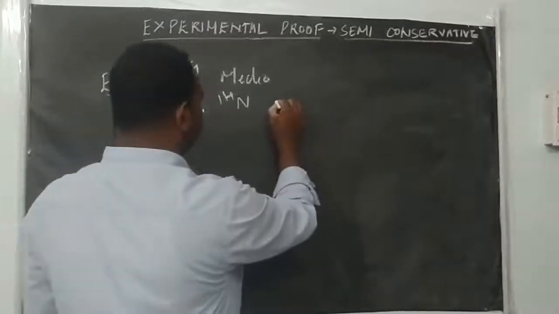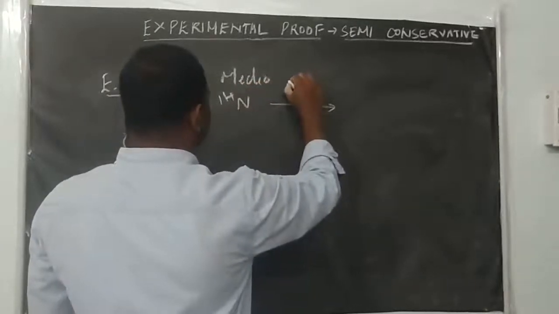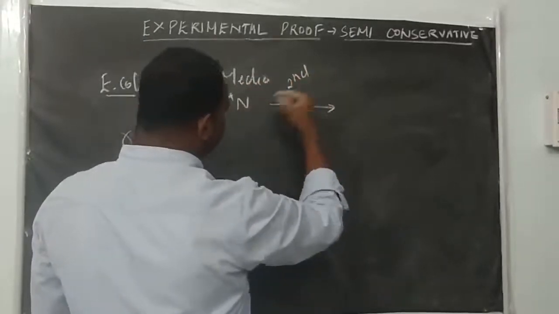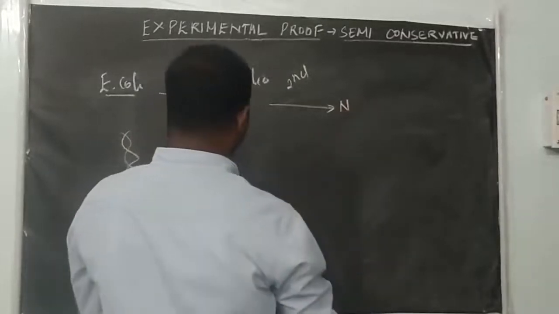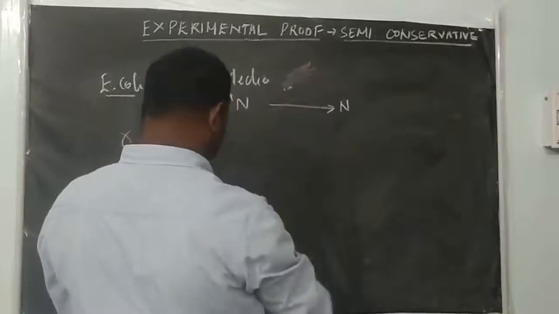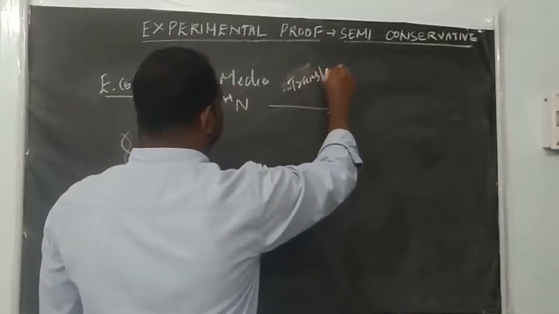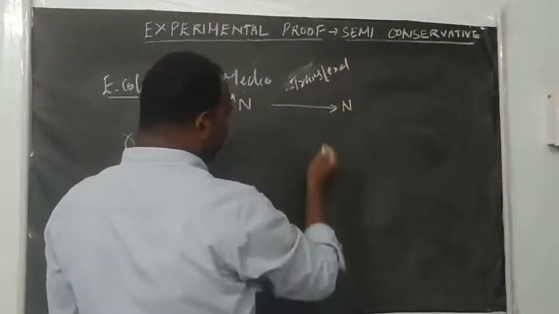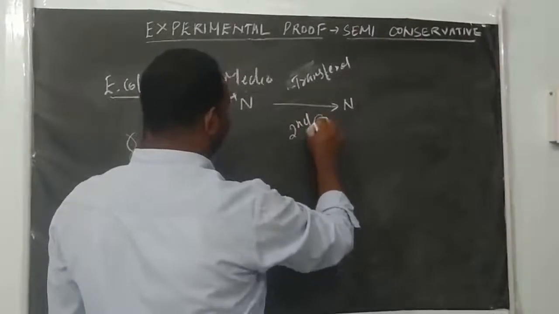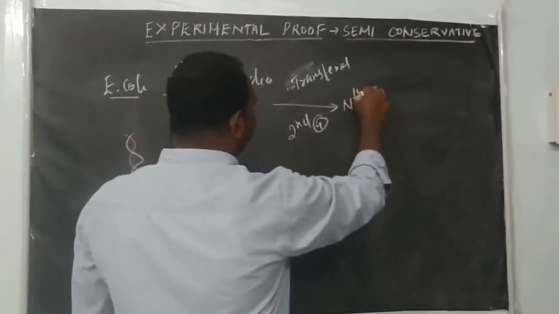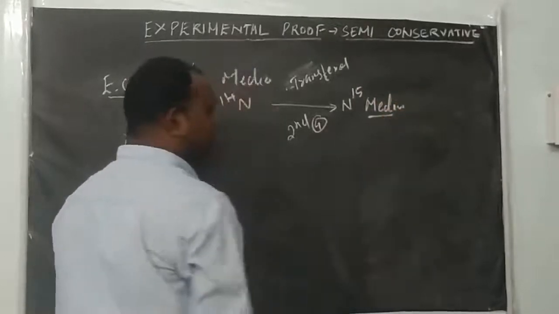So the N14 generation is completed, and from this N14 media the E. coli cells are transferred and allowed to complete the second generation in N15 medium.